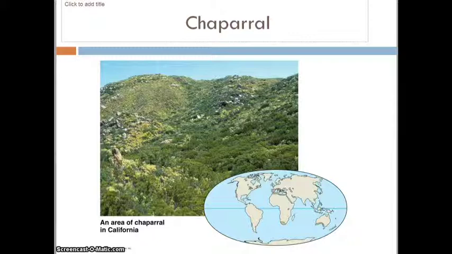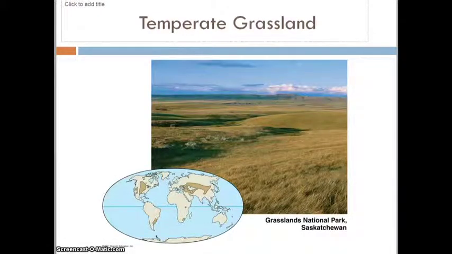And the next one, temperate grassland. And this one's much less, at least in California. You also have a rain season that's very highly seasonal.